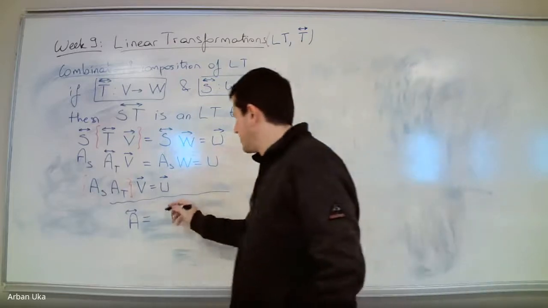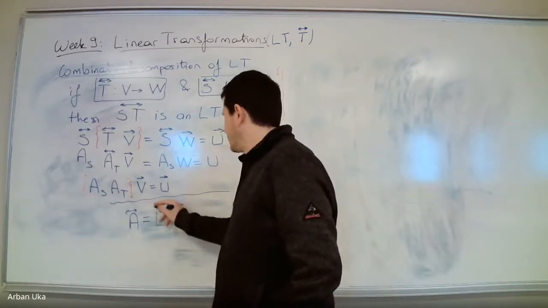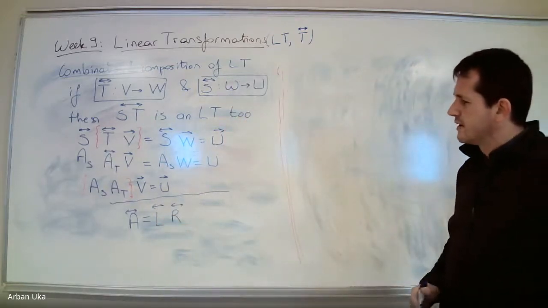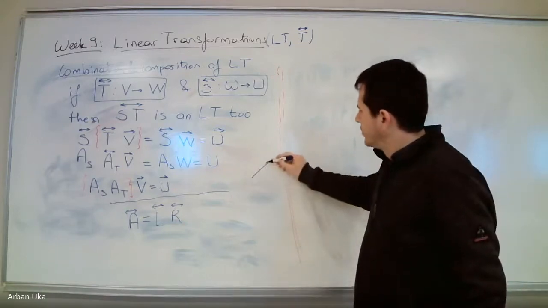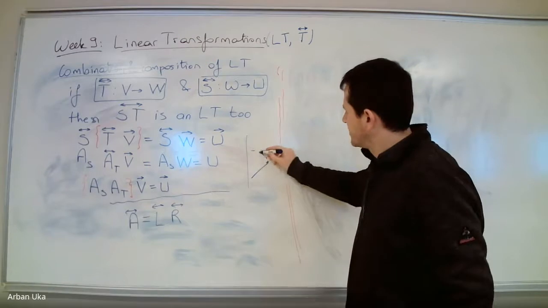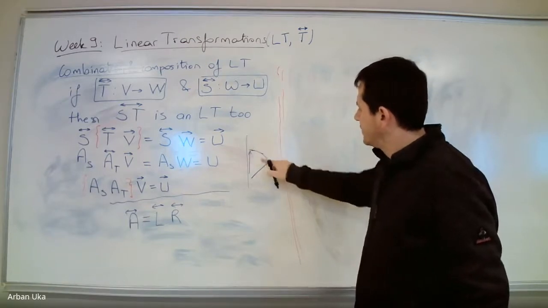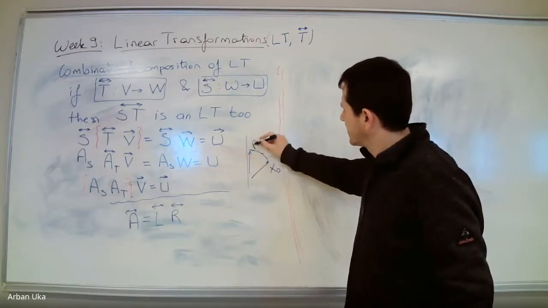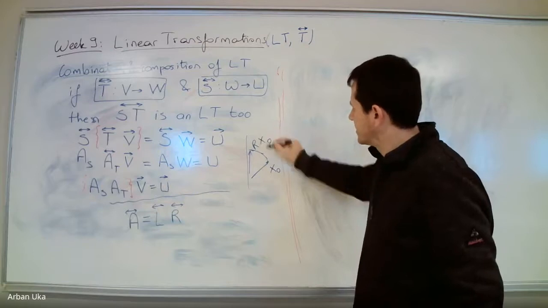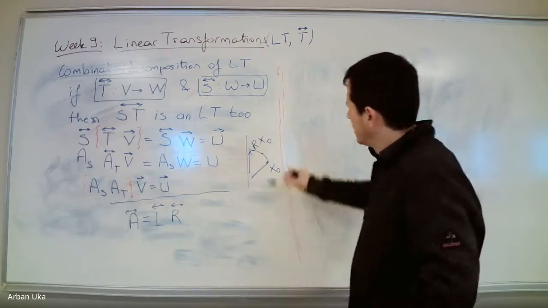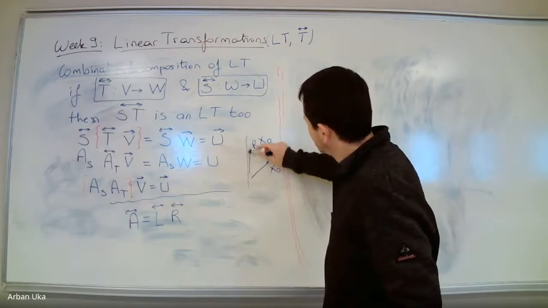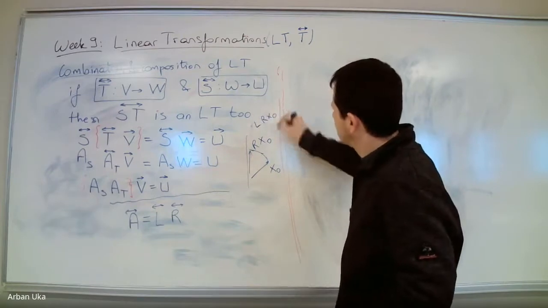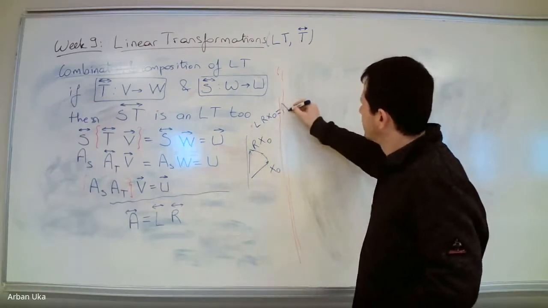Let me call this one the length modifying matrix L. We can think of a vector and rotate it first by a specific angle. The rotated vector is equal to the rotation matrix times x0. Then we can apply to this vector another operator L, and this would be equal to L times R times x0, which is then equal to A times x0.